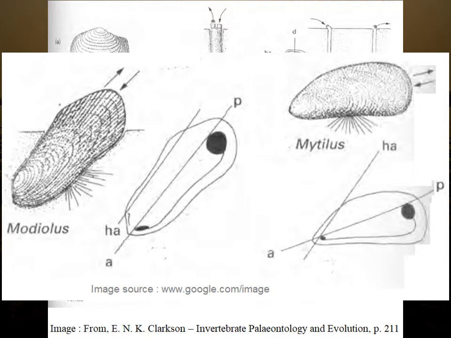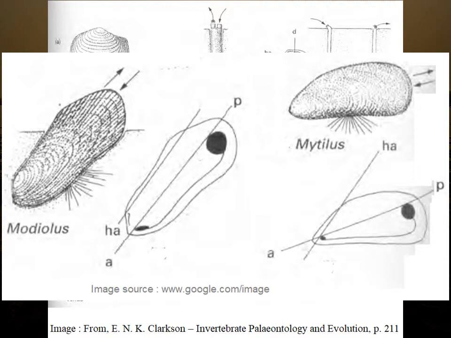They show some different positions of different organs, like the muscle scars, like the orientation of hinge line. So whenever these epifaunal bivalves' relatives become infaunal, then only the orientation of muscle line and hinge line are changed.